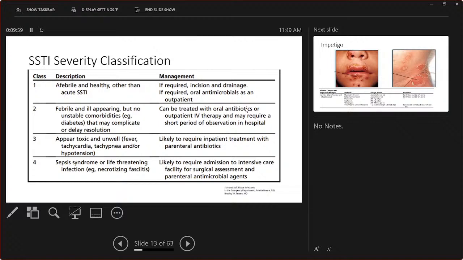Class 2 is the patient is febrile, ill appearing, and hence we have to start the patient on oral or IV antibiotics. Class 3 is the patient appearing toxic and unwell, where the patient requires inpatient admission and parenteral antibiotics. Class 4 is sepsis syndrome with life-threatening infection.